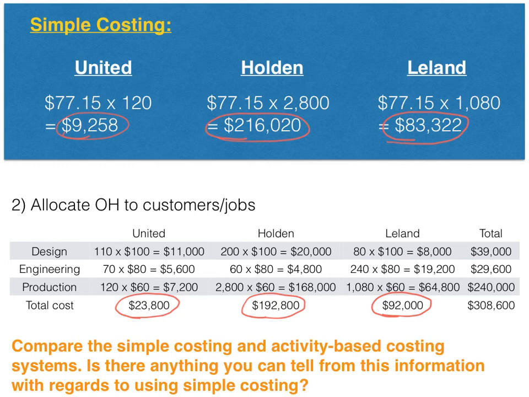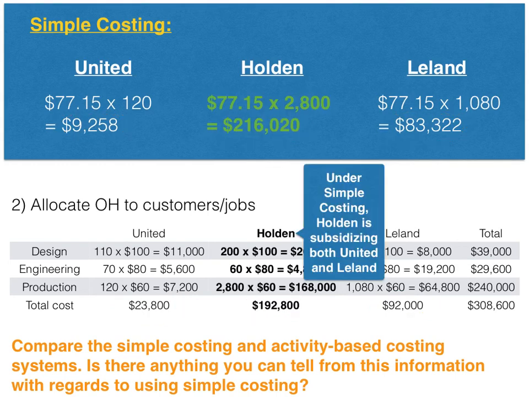So what we can see from this, what's really happening, is under simple costing, Holden is being what we call subsidized by both United and Leland because they're getting allocated more cost than they should be. So Holden is likely the customer that is complaining.